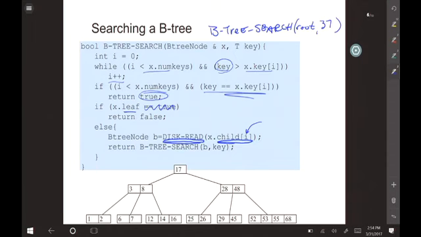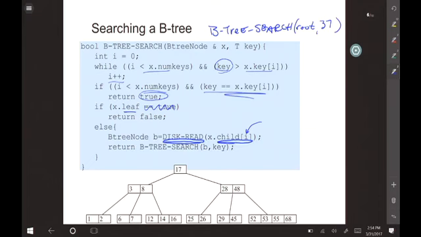So this is something we're going to assume exists. It's going to be where this function spends most of its time, right? And then we're going to continue our search with a recursive call to BTree search with the new data that we found, and the key that we're looking for.